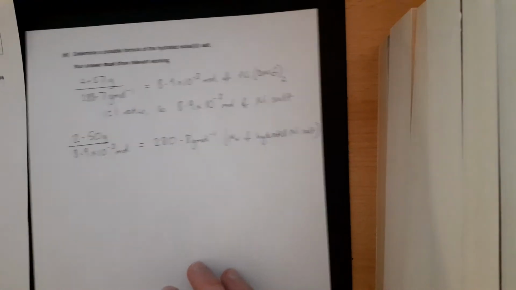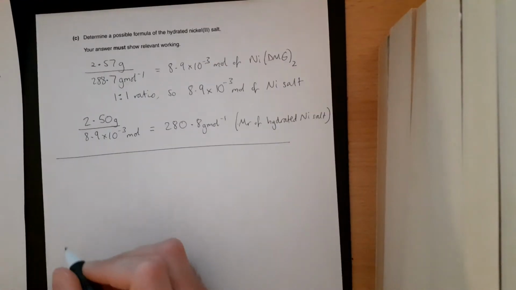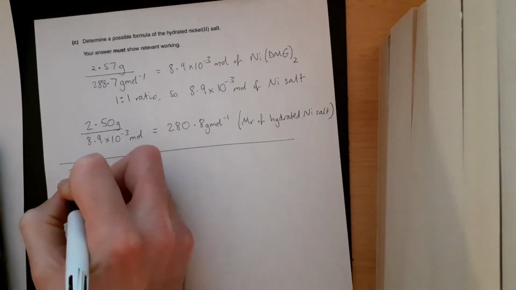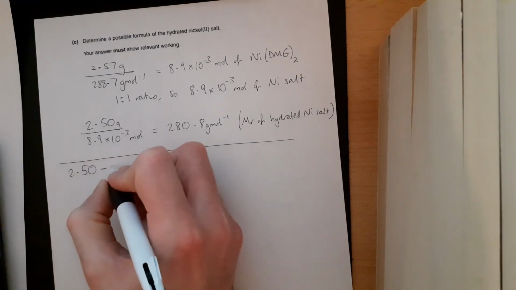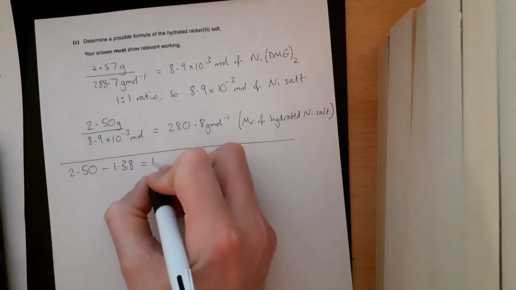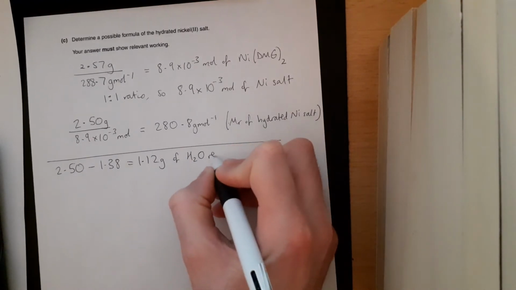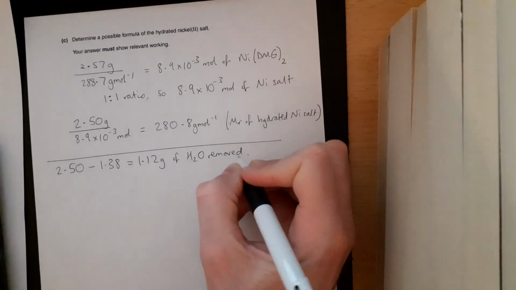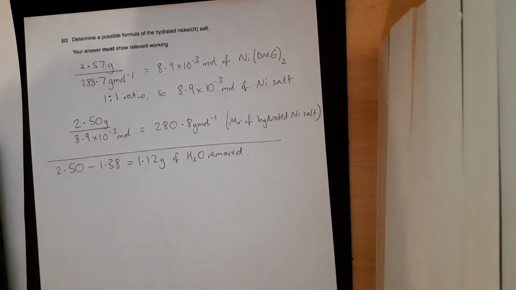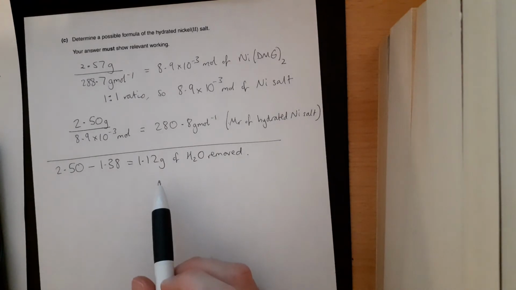Let's write this down. Let's draw a line here. So we've done 2.50 minus 1.38 is 1.12 grams of water removed. Okay. So then let's work out how many moles of water that is.